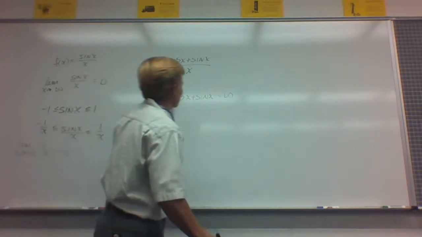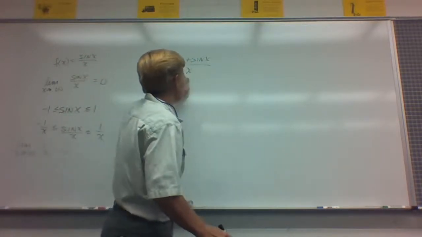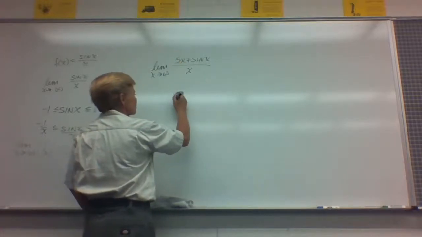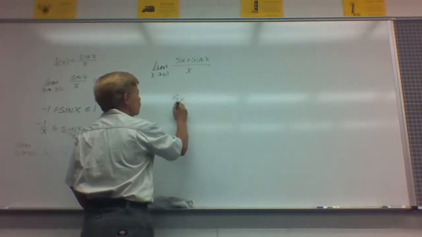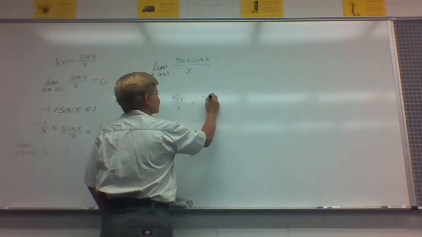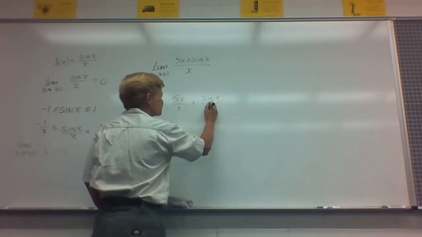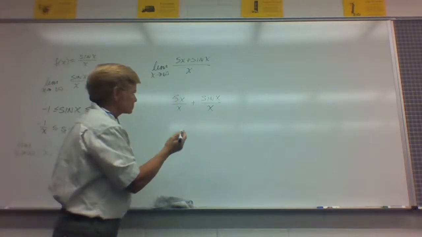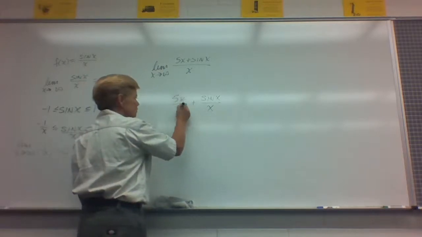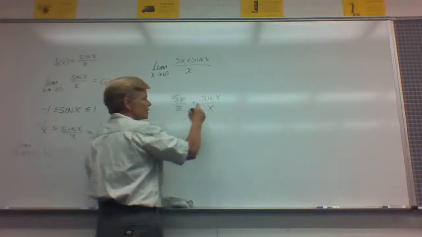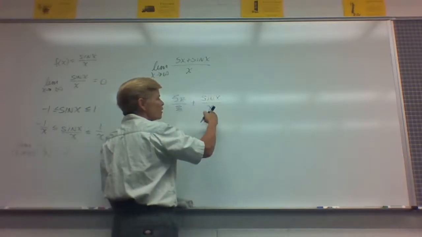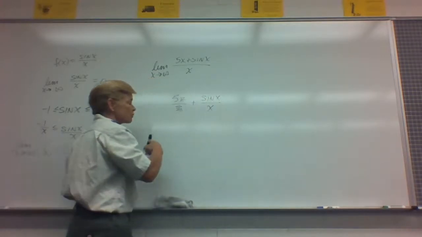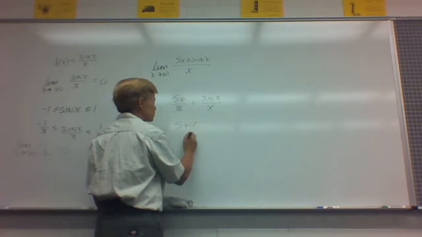Well, now you start using your skills for algebra to simplify this. In other words, we put 5x over x plus sine x over x and take these limits instead. This one cancels, leaving us with a 5 in that limit. And this one is something small over something huge and is 0. So I end up with 5 plus 0, which is 5.